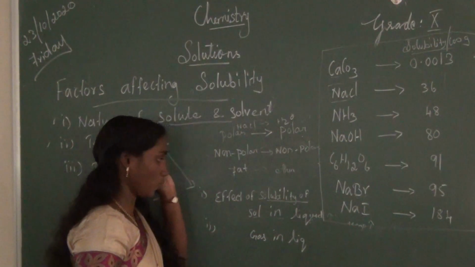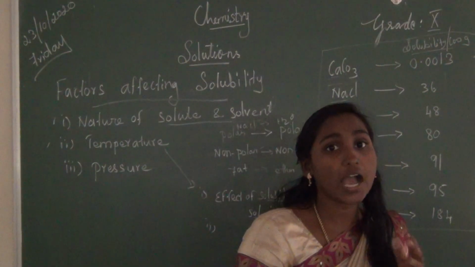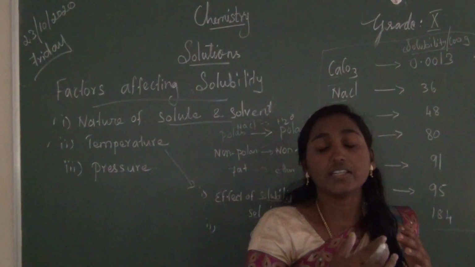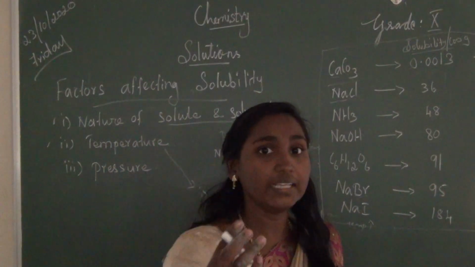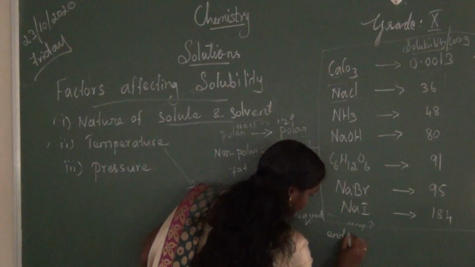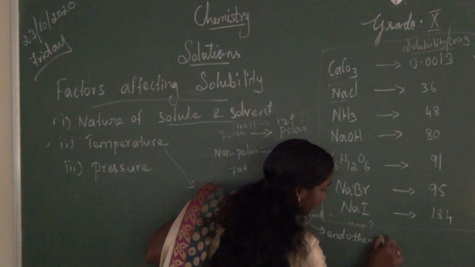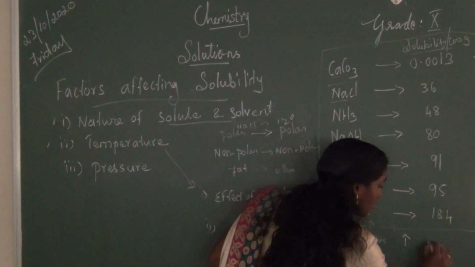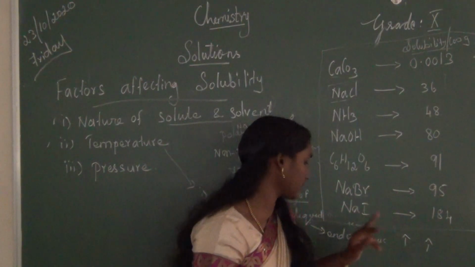In endothermic process, endothermic means absorption of heat. When heat is absorbing, temperature will increase. So in endothermic process, solubility increases, temperature also increases.